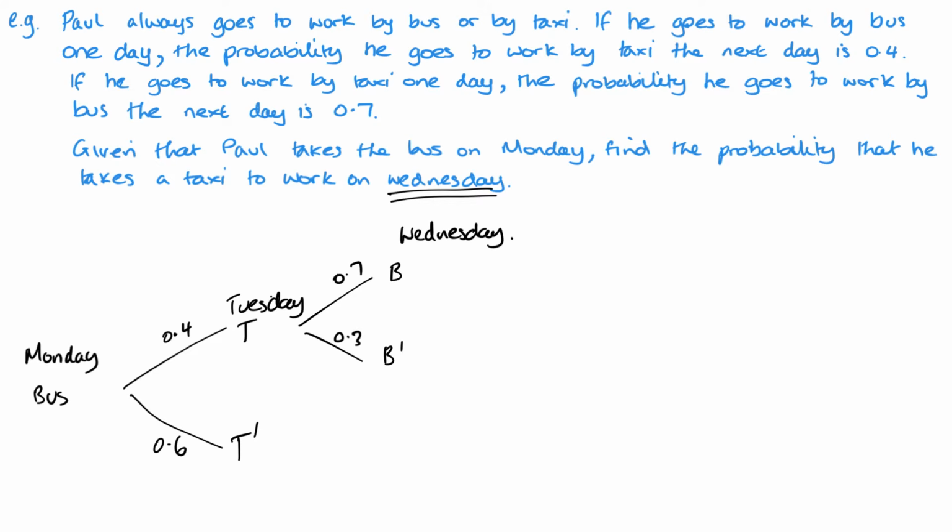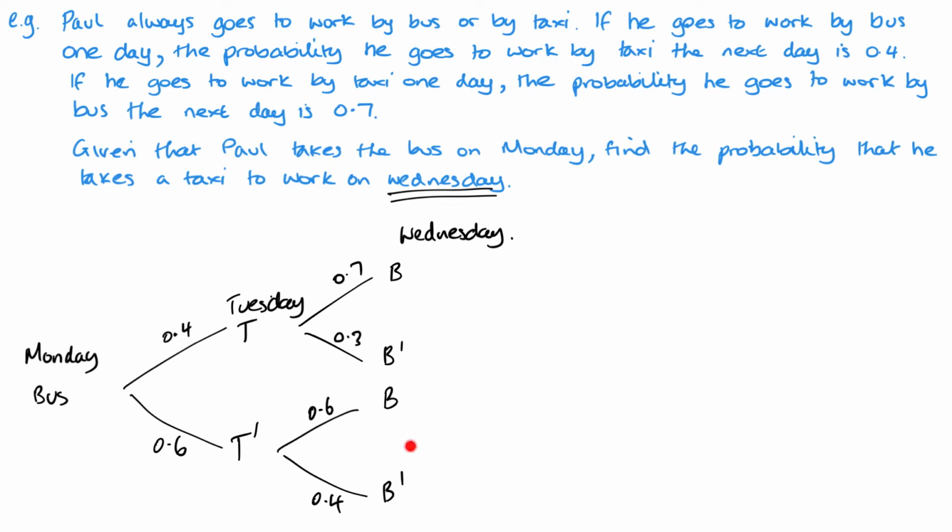Now, I need to finish off the bottom bit. So if he doesn't take a taxi, that means he's taken a bus. And from a bus we know it's a 0.4 that he takes a taxi and 0.6 that he takes the bus, because that comes from down here.